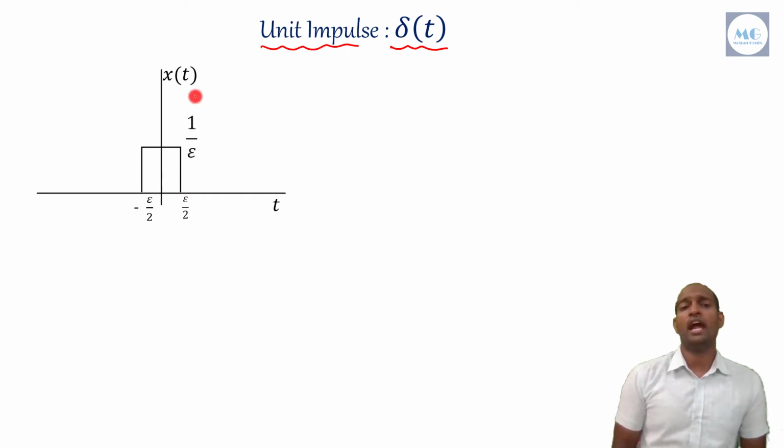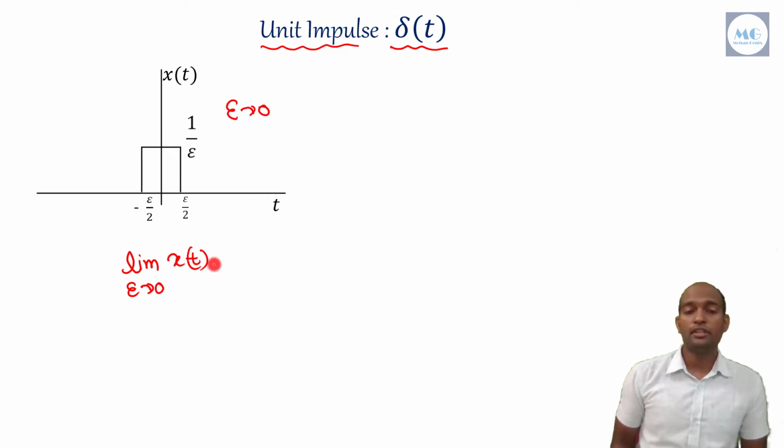So if I tell you that in this signal this epsilon tends to 0, then how can we write it in mathematical terms? Limit epsilon tends to 0 of x(t). That means how will it become? This point will be epsilon by 2, that means near about minus 0, and this is plus 0. And what is the value of this signal at minus 0 and plus 0? 1 by epsilon.